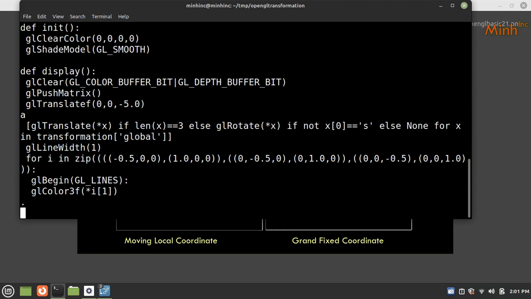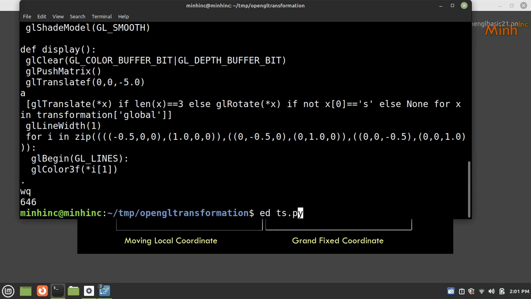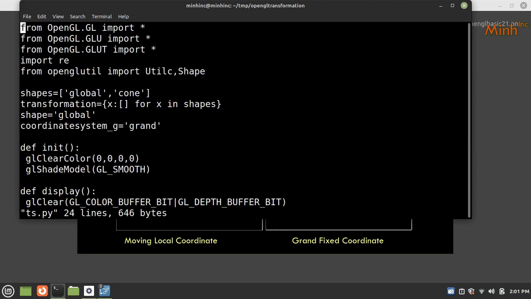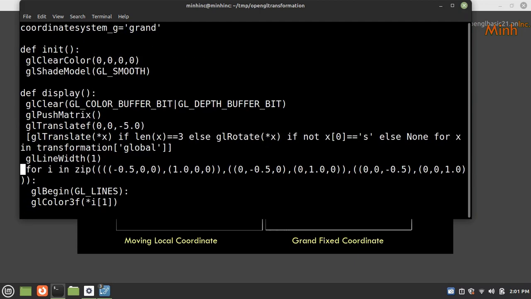Okay, so we'll modify and write the color. So we'll add the color.